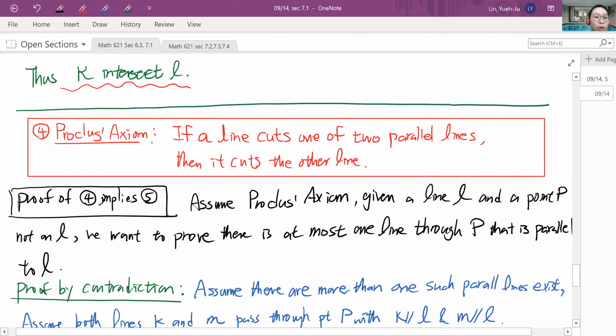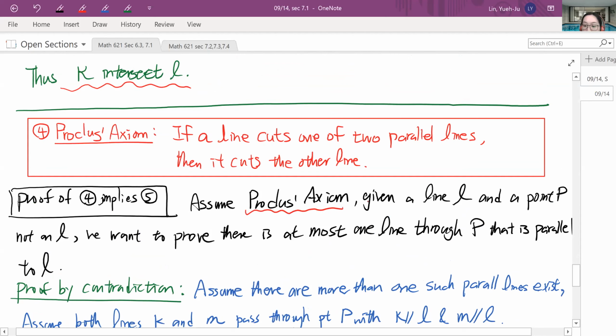So 4 to 5. What's number 4? Essentially 4 is what we just saw, the Proclus axiom. If one line cuts one of the 2 parallel lines, it should cut the other one, right? This is what we just proved. We're going to use this to imply statement 5. Statement 5 is essentially the famous Playfair axiom. So we assume the Proclus axiom, statement 4.